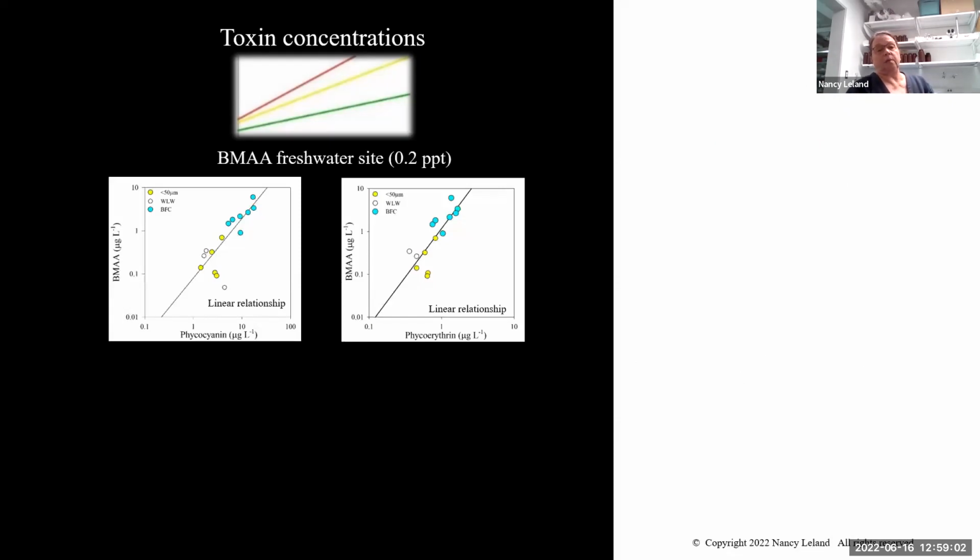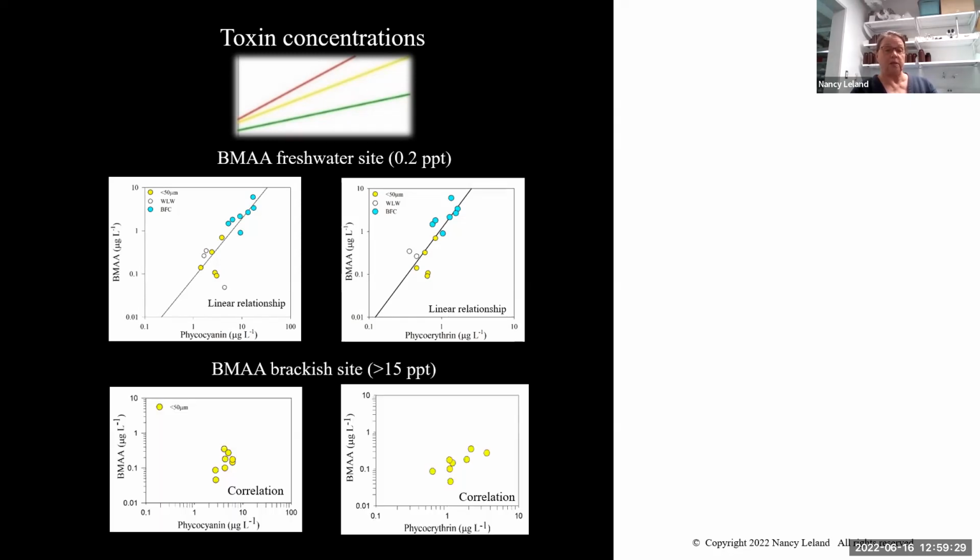So for our BMAA results for our toxin concentration, again, at the freshwater site, we were able to establish linear relationships between our cyanobacterial biomass, using our phycocyanin and our phycoerythrin, and our BMAA concentrations. And we were able to verify that with linear relationships again.